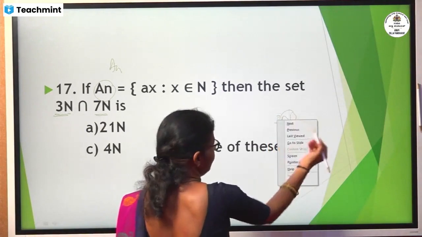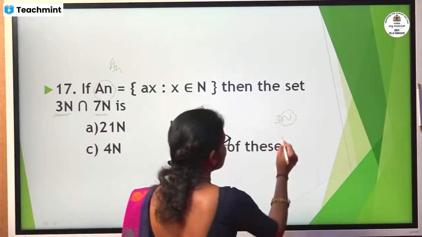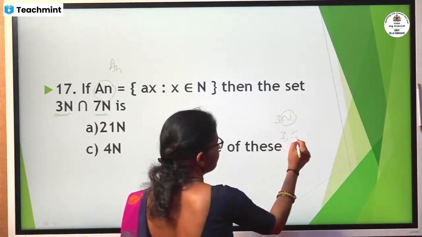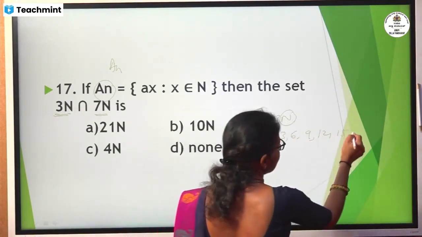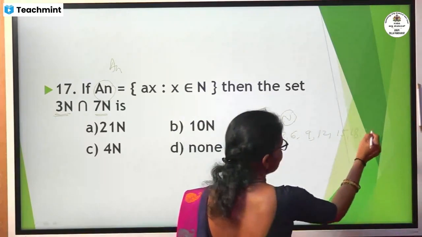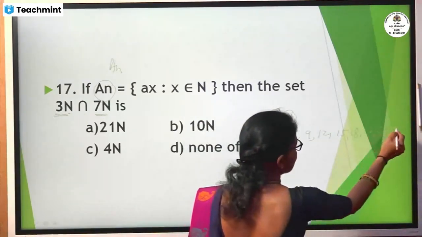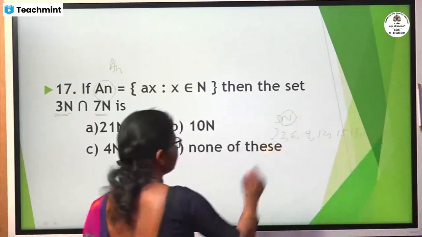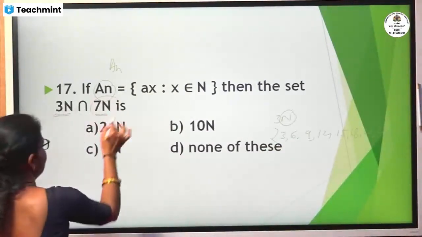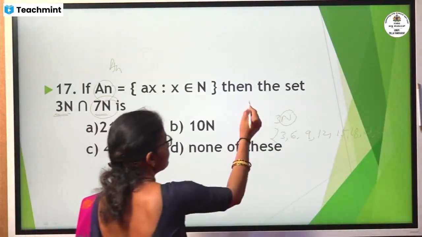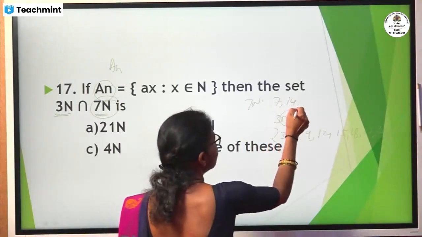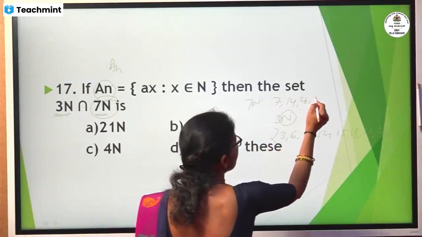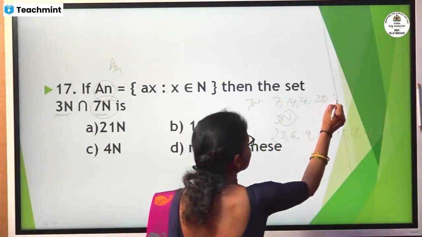Multiples of 3 we need, so 3, 6, 9, 12, 15, 18, 21, 24, 27, like this it goes. Consider A_7 now, multiples of 7. So start from 7, 14, 21, 28, 35, like this it goes.